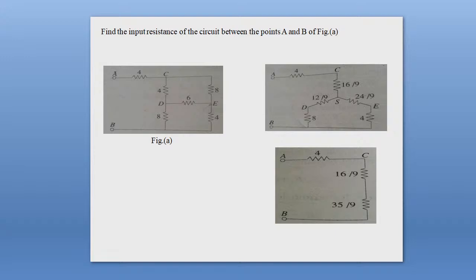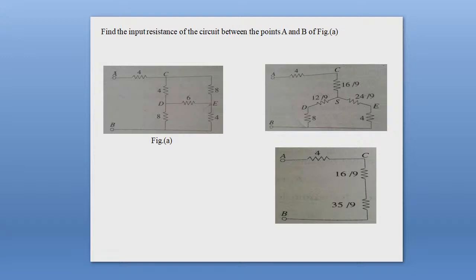The equivalent resistance of the parallel combination of the resistances between S and B is given as 35 by 9. So you can calculate the resistance between A and B as nothing but the sum of resistances 4 ohms, 16 by 9 ohms and 35 by 9 ohms. This is the answer.